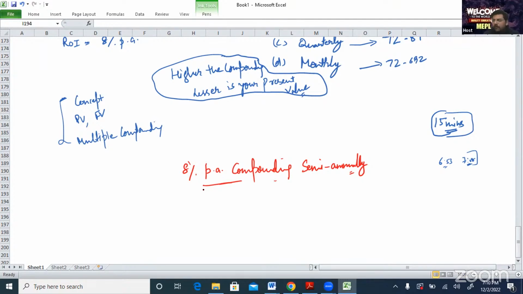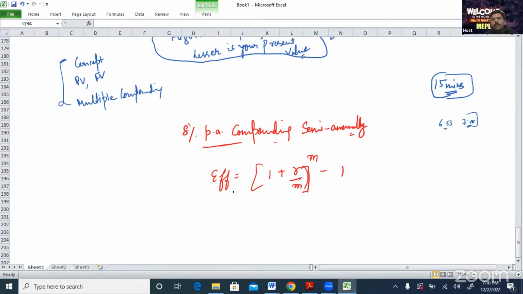For this, what is the formula? How can I have my effective return? My effective return is equal to 1 plus R, the nominal return, divided by M, which is the number of compounding in the period, raised to the power M, minus 1. So this is how I can get my effective return.